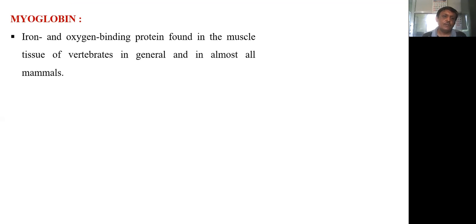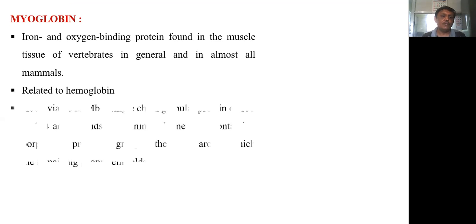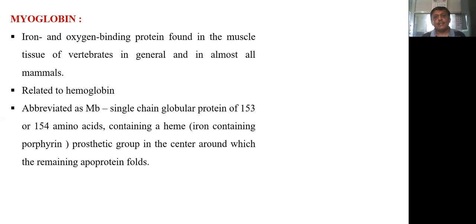This type of iron and oxygen binding protein which is found in muscle tissue of vertebrates in general and in almost all mammals is myoglobin. It is related to hemoglobin, and it is abbreviated by Mb, as hemoglobin is abbreviated by Hb.